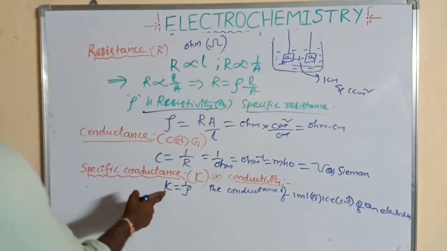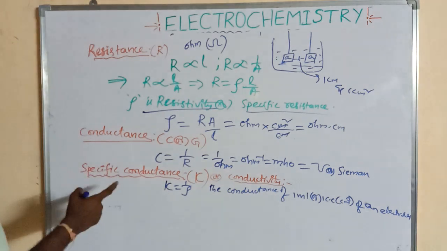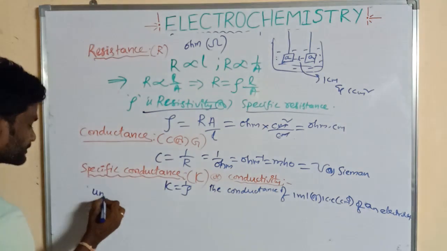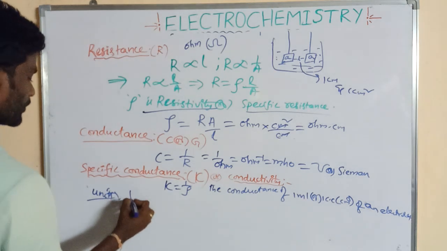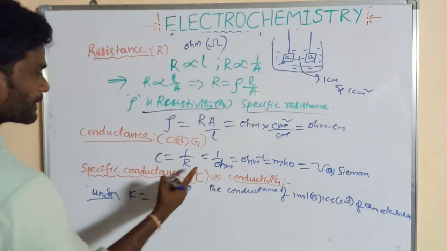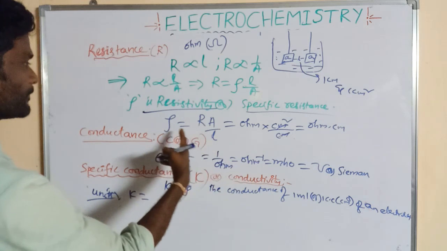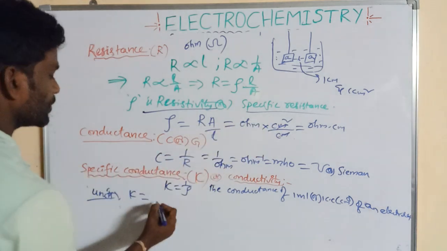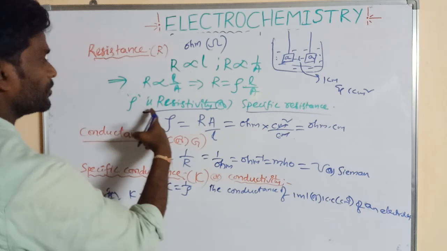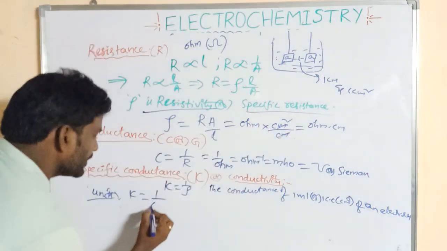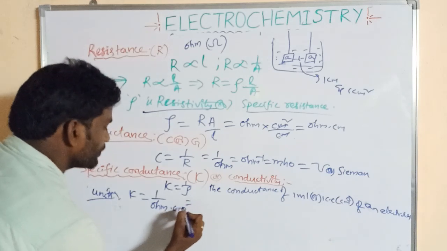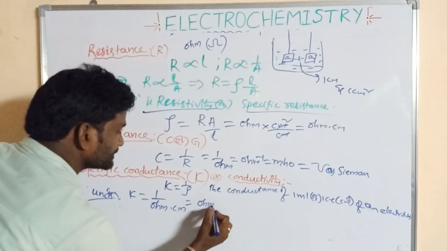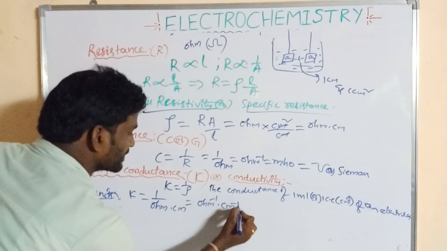So what are its units? The units of kappa: 1 by rho, and rho has units of ohm centimeter, so 1 by ohm centimeter, that means ohm inverse into centimeter inverse.